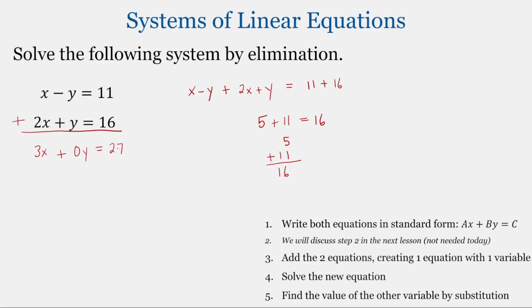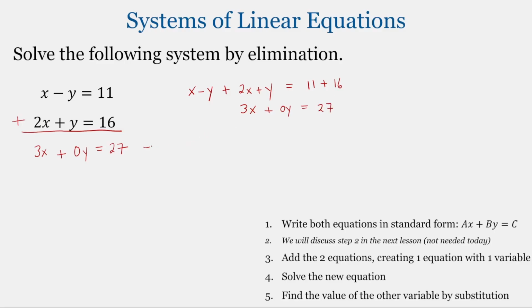27. So we would have gotten the same value if we did it horizontally. So let's combine our like terms. We have x plus 2x. So this is 3x. And then negative y plus y. Once again, we have plus 0 or plus 0y equal to 11 plus 16 is 27.